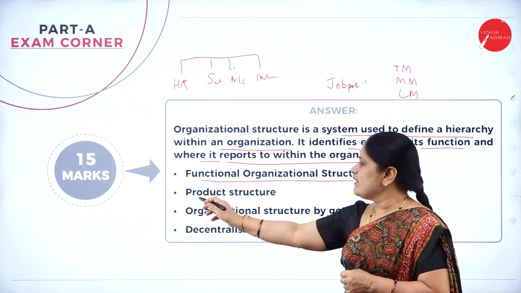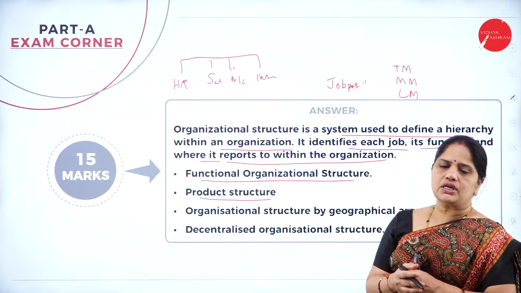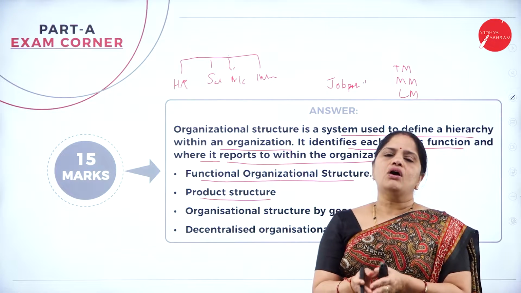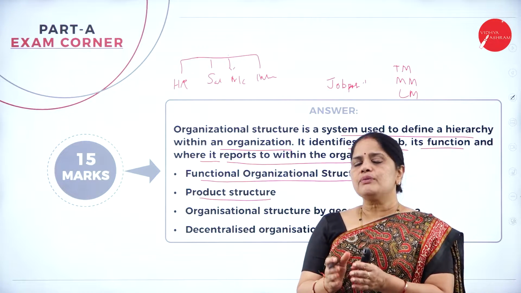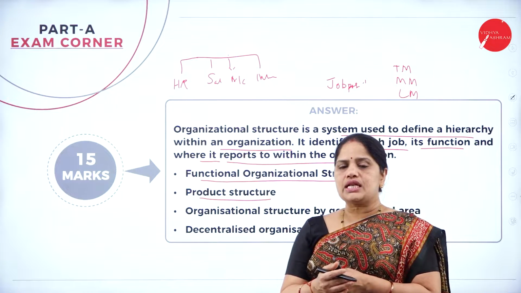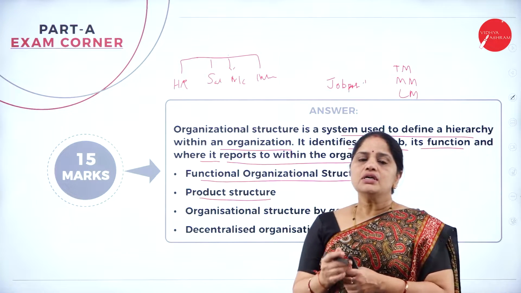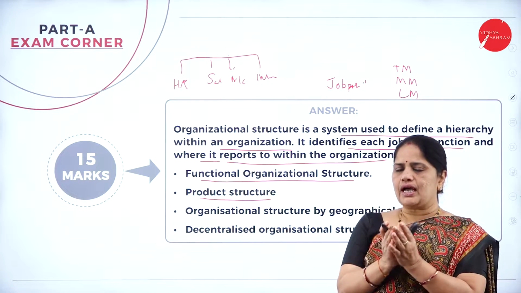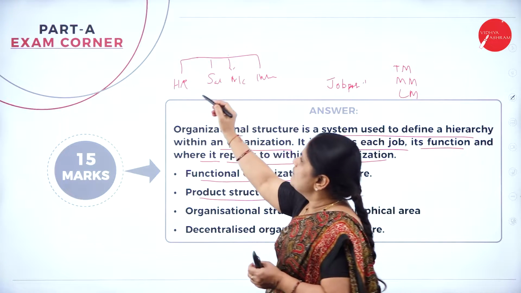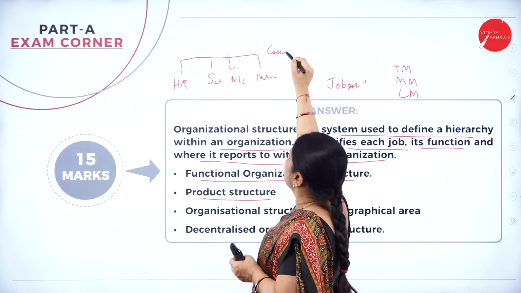Then the second one is the product structure. Now what is this product structure? When we divide the organization based on the products it manufactures, then we call that organization a product structure. So if the company is into production of cosmetics, we have one cosmetics department.